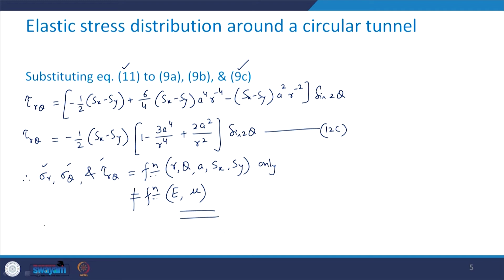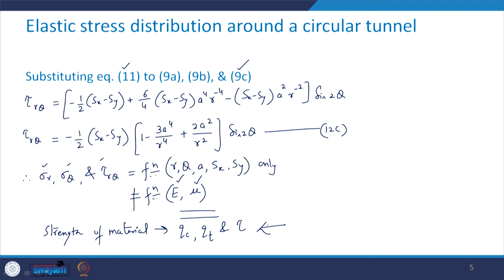So, we know that the strength of the material is given in terms of its UCS, its tensile strength and its shear strength. So, indirectly these elastic constants play a role through these strength characteristics.